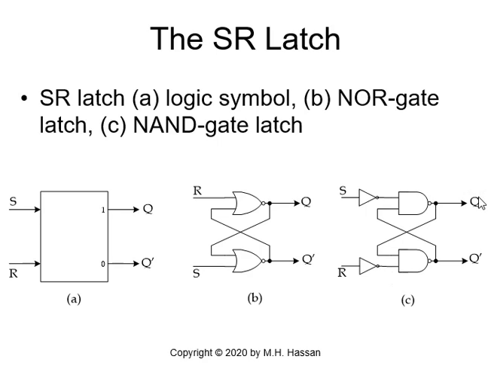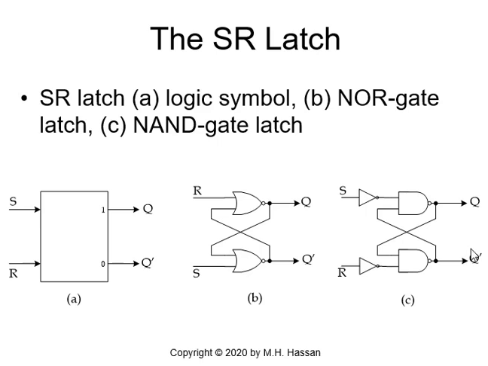So when Q is 0, Q prime will be equal to 1. So the upper NAND gate will be 1 NAND 0, which is equal to 1. So Q changed here from 0 to 1. And the lower NAND gate will have 1 NAND 1, because of the 0, so the input to the NAND gate is 1.